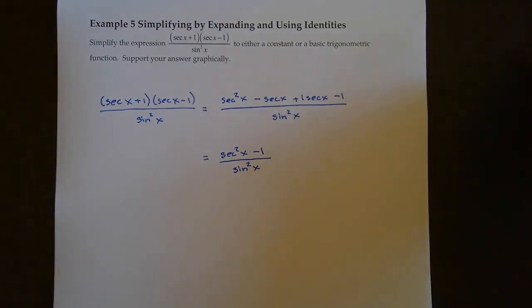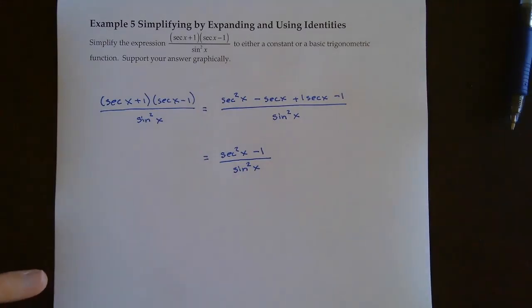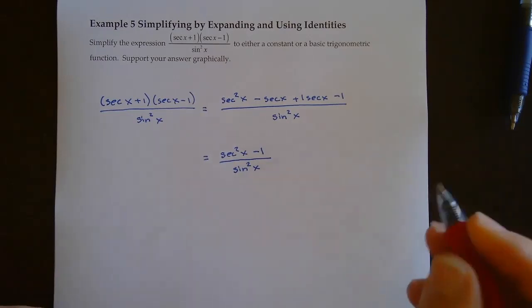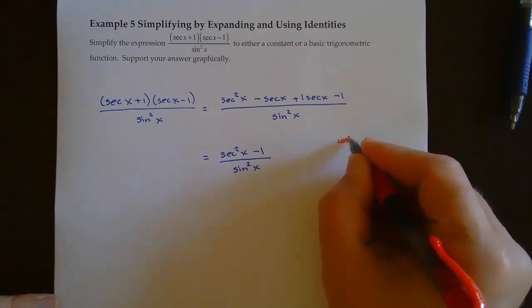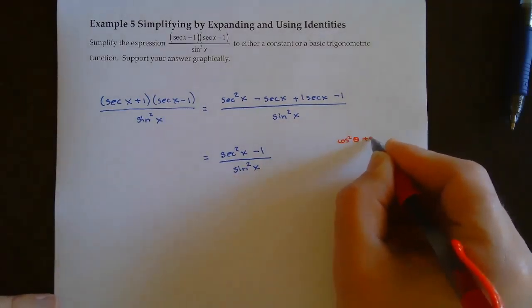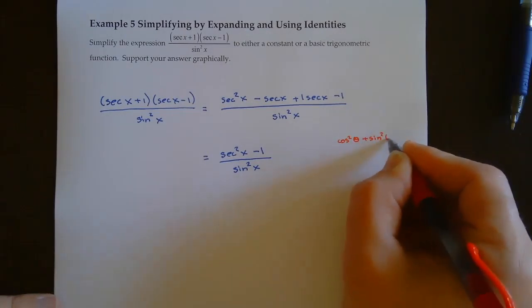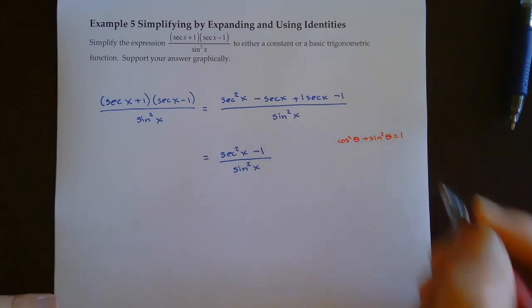Okay, so now where can we go from here, right? I see some squares, right? Some squared trig functions. So automatically when you see squared trig functions, we should be thinking, Pythagorean identity, right? Okay. So we know one of the Pythagorean identities is cosine squared theta plus sine squared theta is equal to 1.